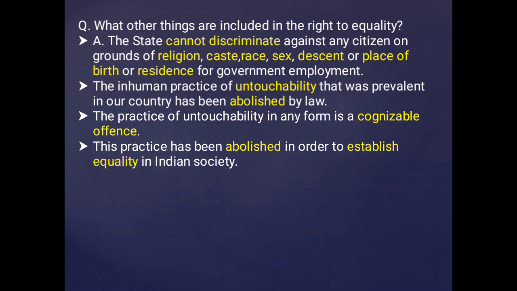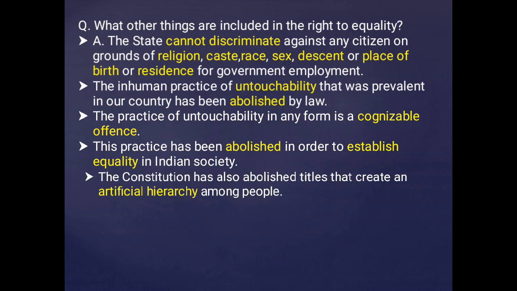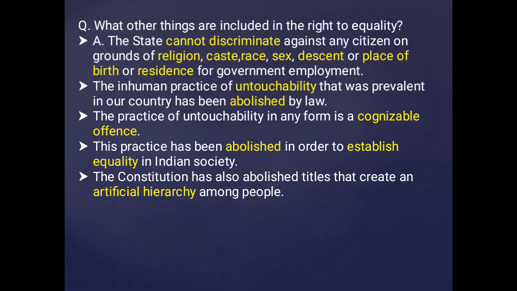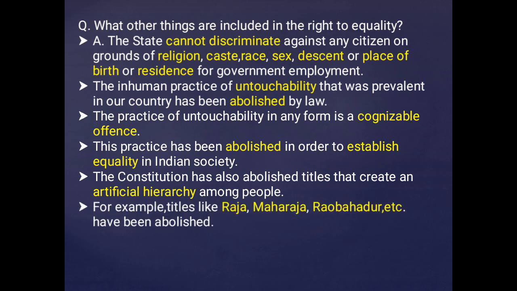This practice has been abolished in order to establish equality in Indian society. The Constitution has also abolished titles that create an artificial hierarchy among people. For example, titles like Raja, Maharaja, Rao Bahadur, etc. have been abolished.